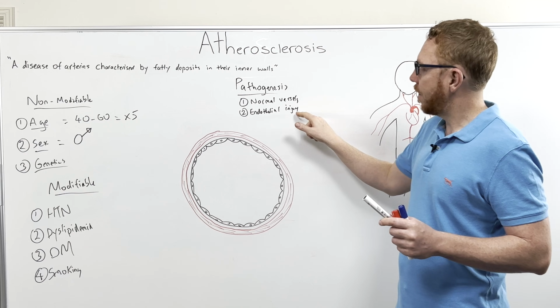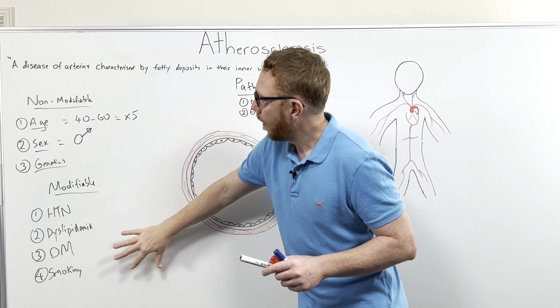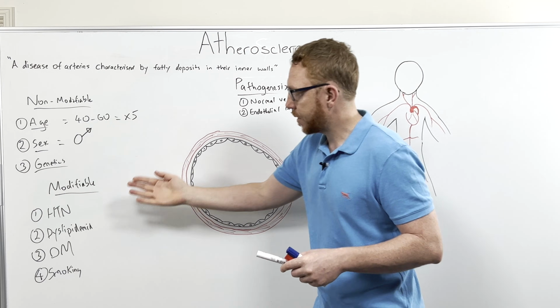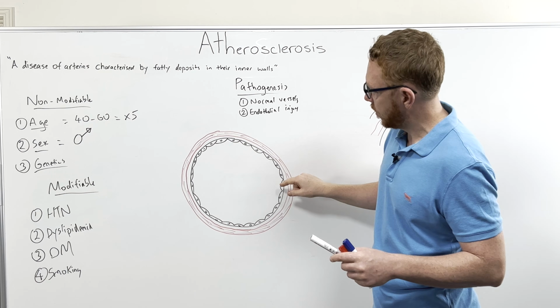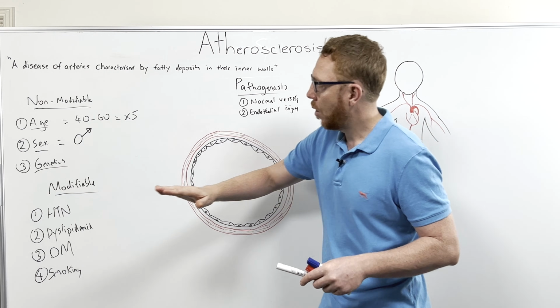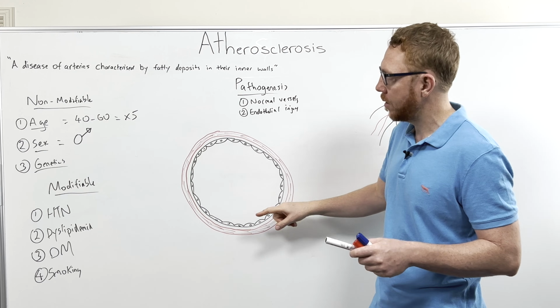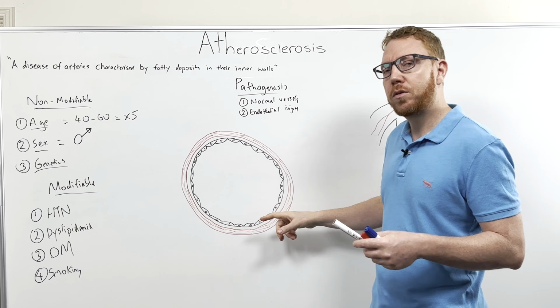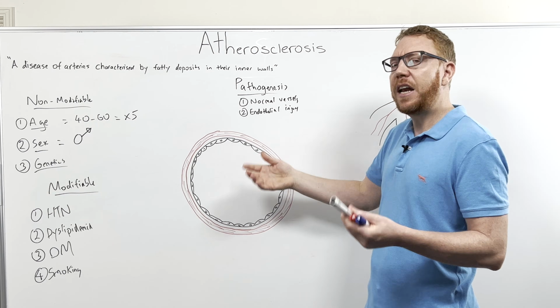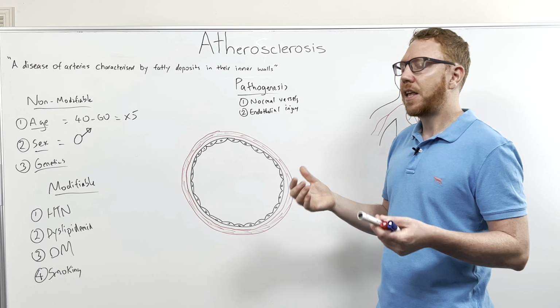So what happens with endothelial injury? Well, basically it's these risk factors. For instance, smoking causes toxic agents to irritate the blood vessel, or hypertension, too much shear force, injures the endothelial cells. Lipids such as LDLs cause oxidative stress. In any case, we get this injury starting to manifest.